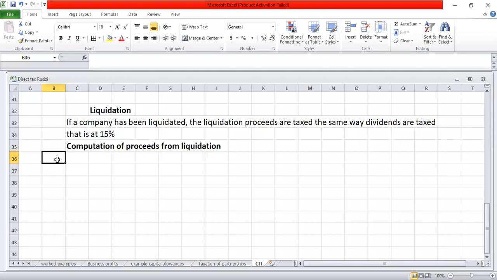We shall get the proceeds from the sale of assets. We less the liabilities.